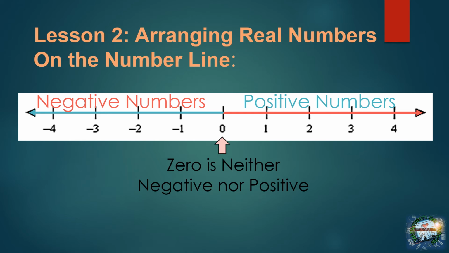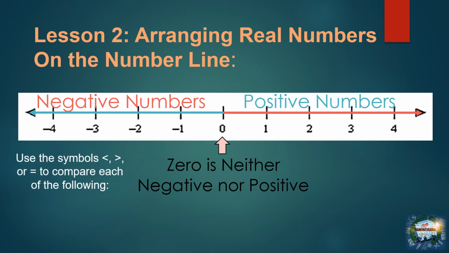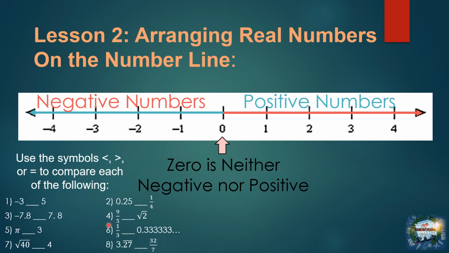Okay. Ngayon, pag-aralan naman natin ang tungkol sa comparing real numbers. Let's use the symbols lesser than, greater than, or equal to compare each of the following. Na-compare natin kanina yung mga integers.